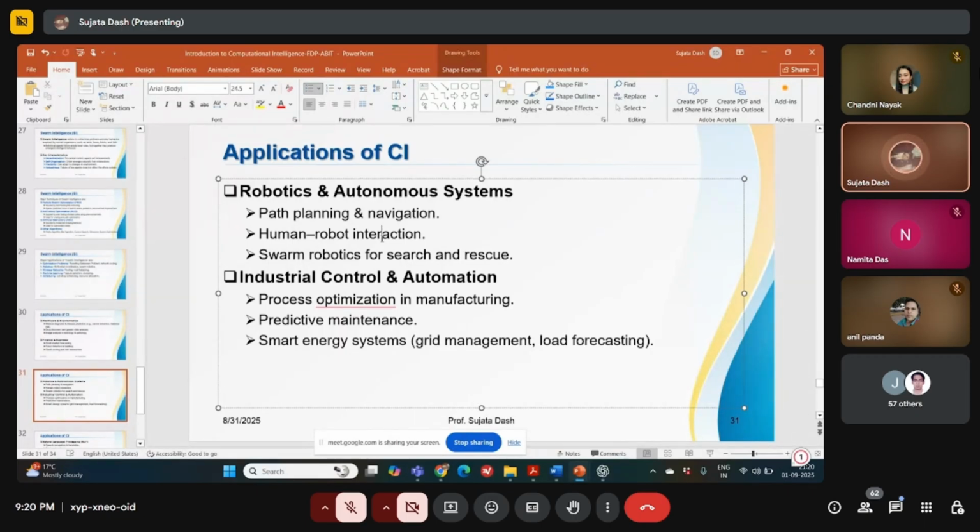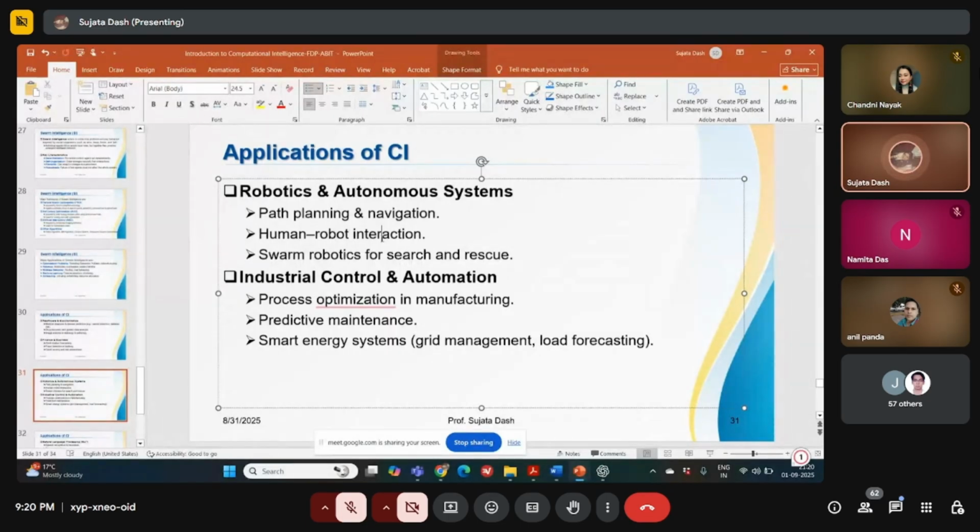Then smart energy systems, grid management and load forecasting. These problems come from your area. What does it mean? Power grids must balance electricity supply and demand in real time.